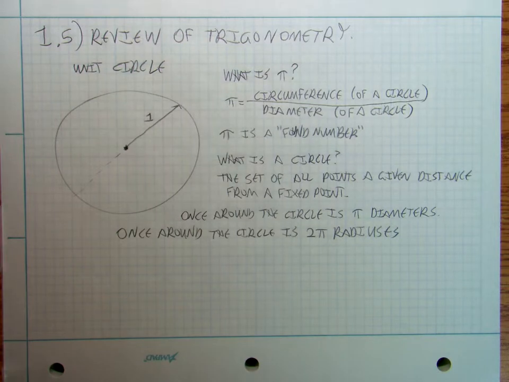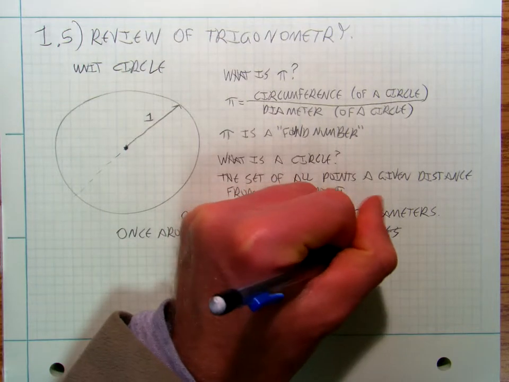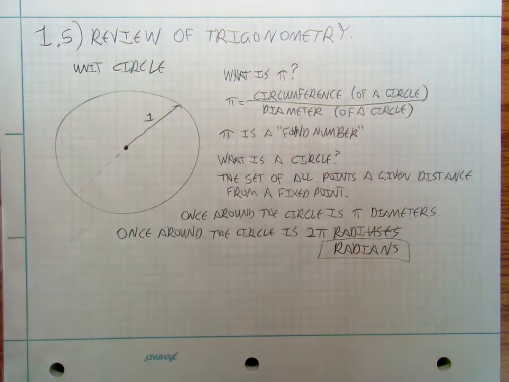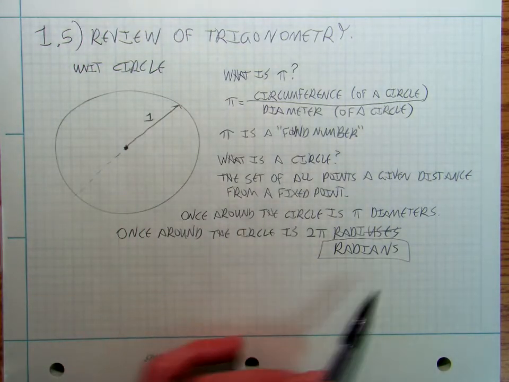Well, what's a radiuses? That's not a word. Once around a circle is 2 pi radians.